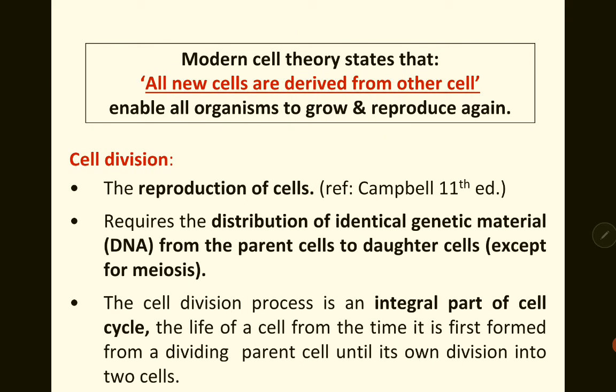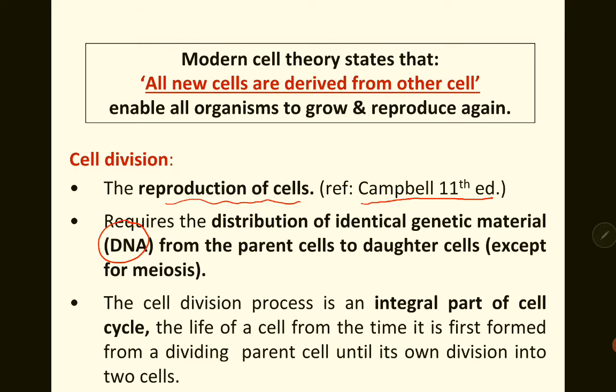According to modern cell theory, all new cells are derived from other cells, which means that all cells must include the cell division process. According to the Campbell book, 11th edition, cell division means reproduction of the cell, which requires the distribution of identical genetic material, which is the DNA, from the parent cell to the daughter cell, except for the meiosis process.